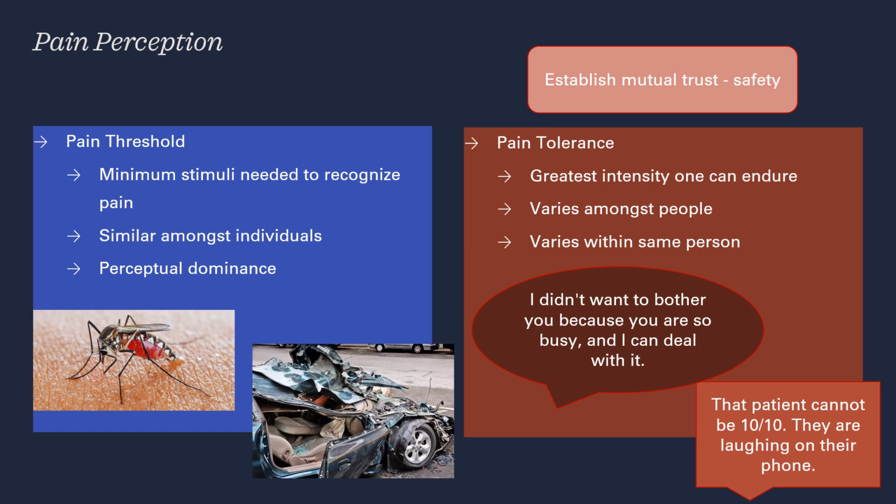Another concept, known as perceptual dominance, is when pain at one location alters the pain threshold at another location. An example is a patient who comes into the emergency room after a motor vehicle accident and is complaining of severe chest pain from hitting the steering wheel. They may have an aortic tear and chest contusions, pulmonary edema, and pleural effusions.